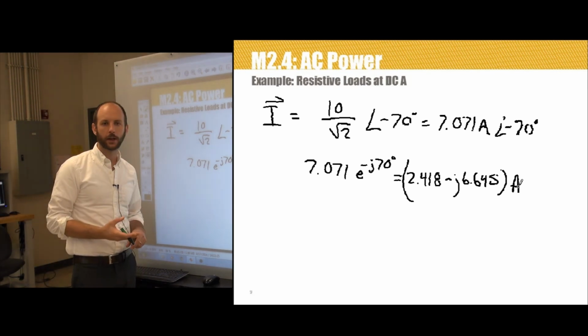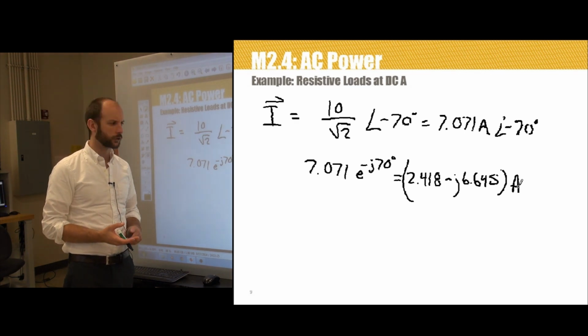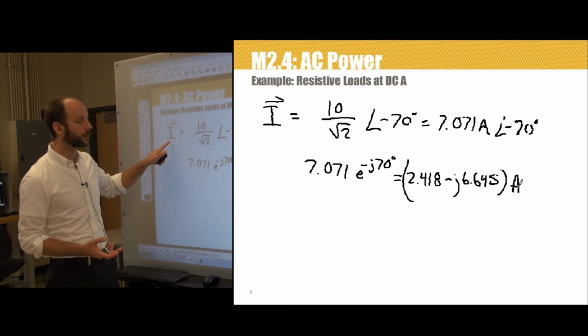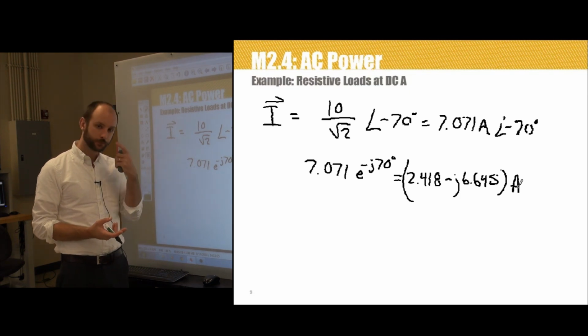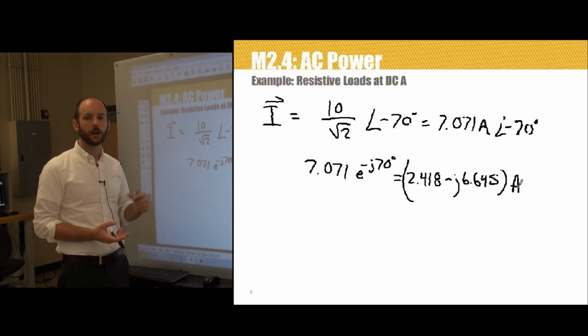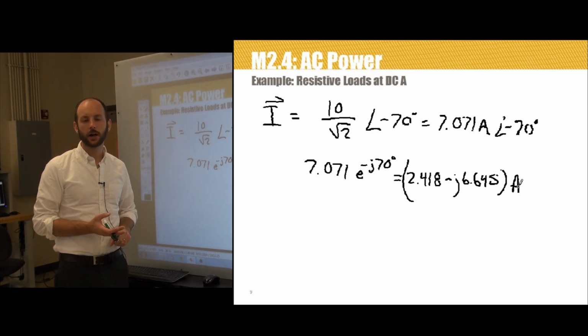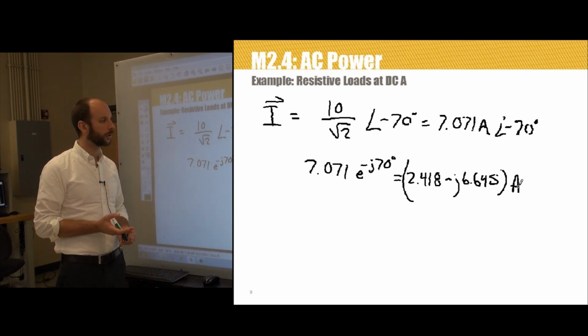And then the last thing I want to point out on this example is regarding the calculation of the phasor function. You may be like, wait a minute, negative 70. Remember that the current phasor and the voltage phasor are defined in terms of cosine. In the problem statement, the time variant current value was described as a sine function. So we had to phase shift from sine to cosine.